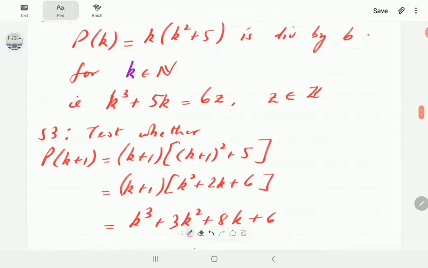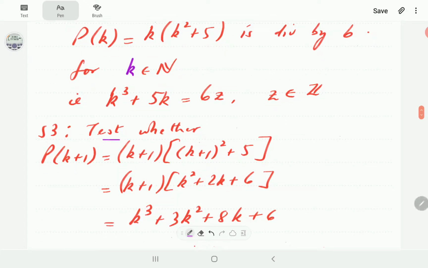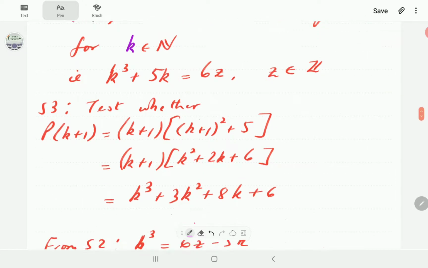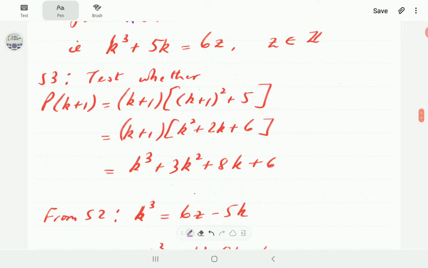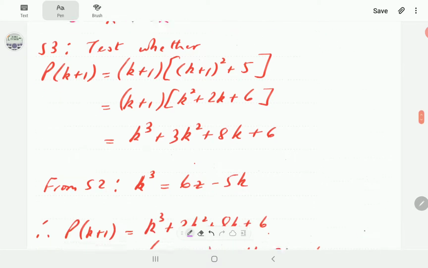Then in step number 3, we want to prove whether for the next bigger integer, p of k plus 1, which is going to be obtained by replacing k by k plus 1 here, k here, k plus 1 there, I want to prove whether that is divisible by 6 as well. If we expand this, we get k cubed plus 3k squared plus 8k plus 6. Now from step 2, k cubed is equal to 6z minus 5k.